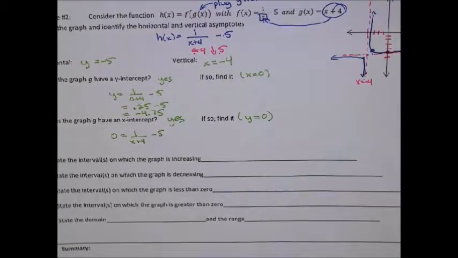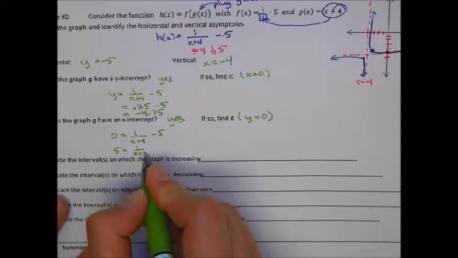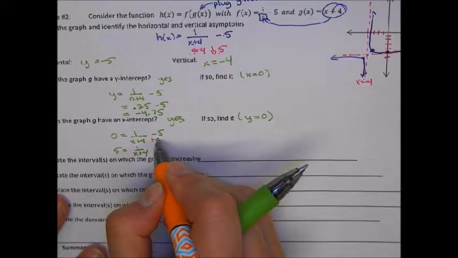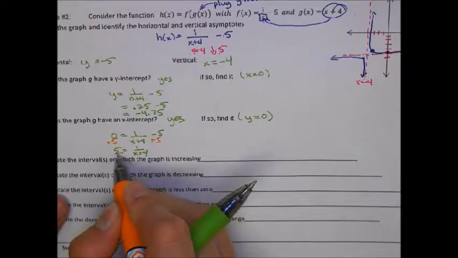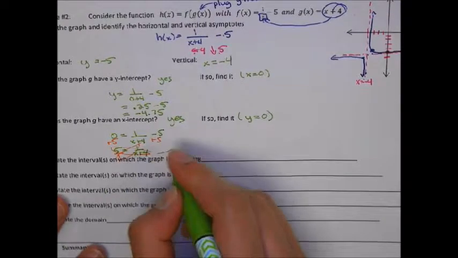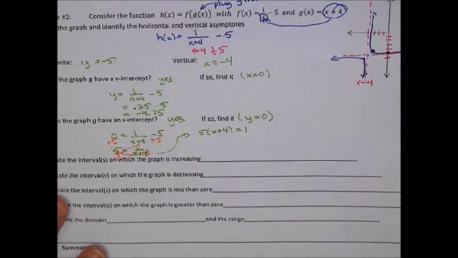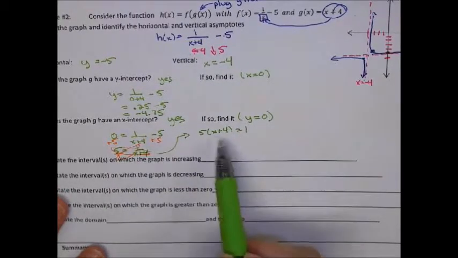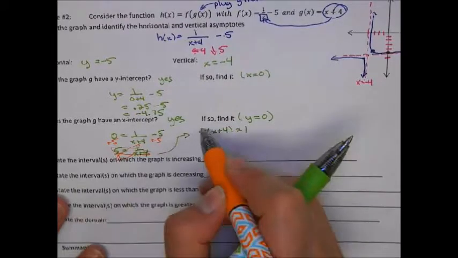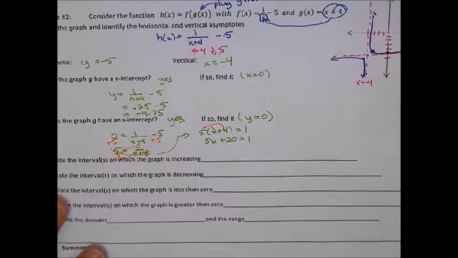So to find this, let's go ahead and add 5 over. So plus 5, plus 5. Think of this as 5 over 1. And then we cross multiply. So I get 5 times x plus 4 equals 1, because 1 times 1 is 1. When I distribute, I get 5x plus 20 equals 1.